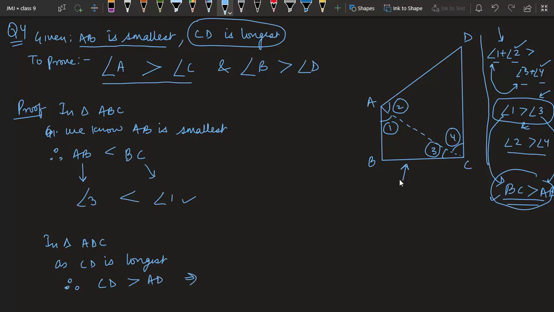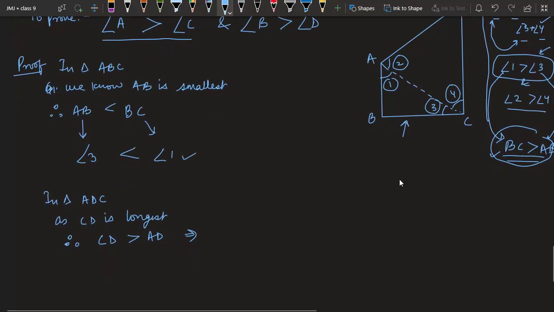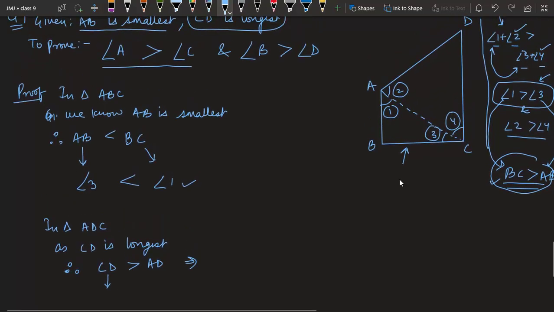This implies that angle opposite to CD is angle 2, which is more than angle opposite to AD, which is angle 4. Now this is your equation number 1.